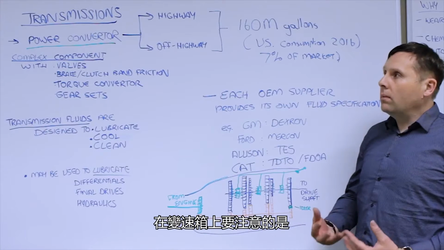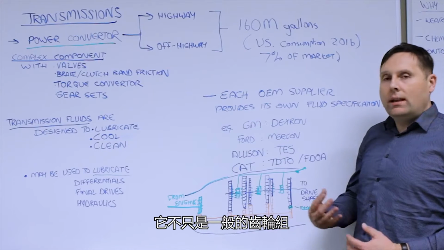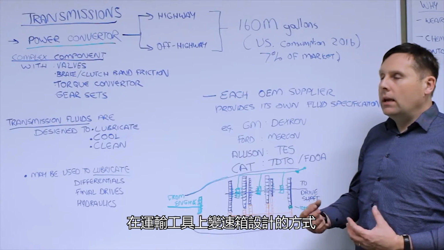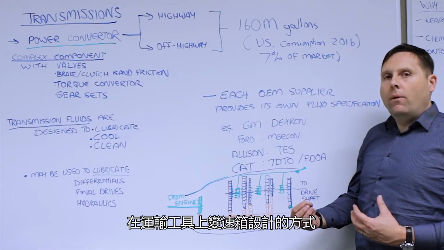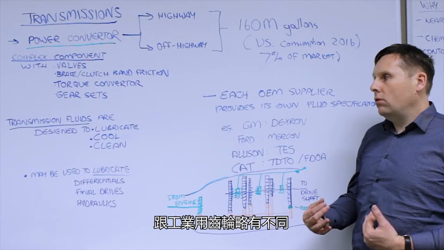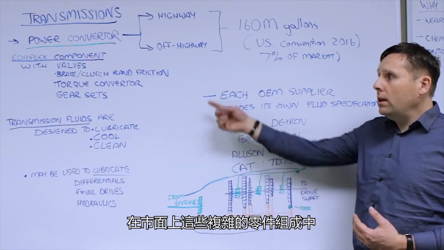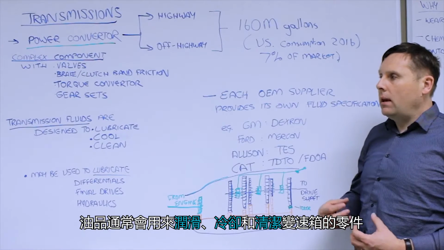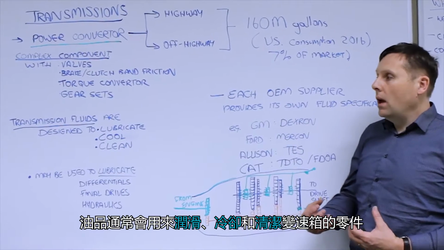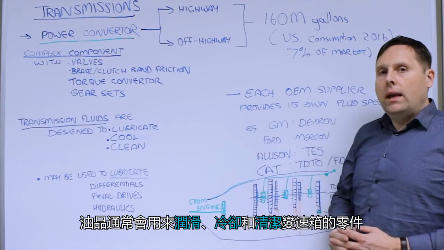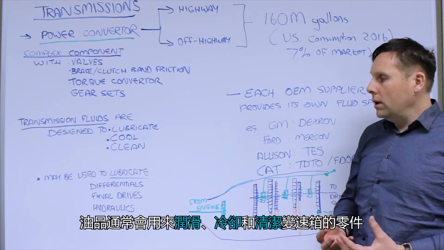What makes transmissions interesting is not just that they're a regular gear set, but that they're designed in a little bit different way for mobile applications as opposed to industrial gear drives. With all these complex components, a fluid is generally developed which is designed to lubricate, cool, and clean the transmission components.